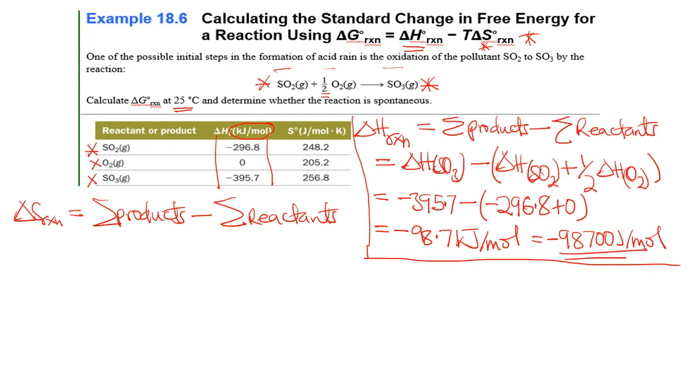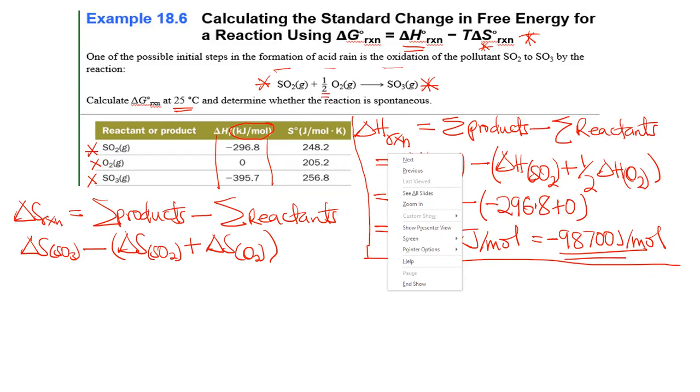So in this case, we are going to have delta S of sulfur trioxide minus, in parentheses here, delta S of sulfur dioxide plus delta S of oxygen.